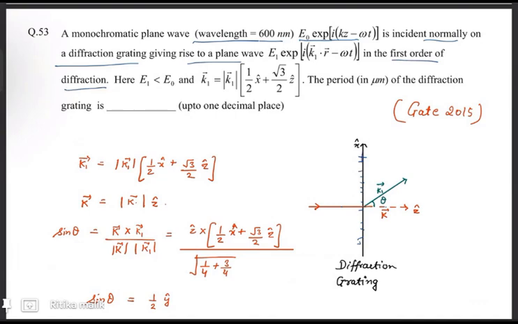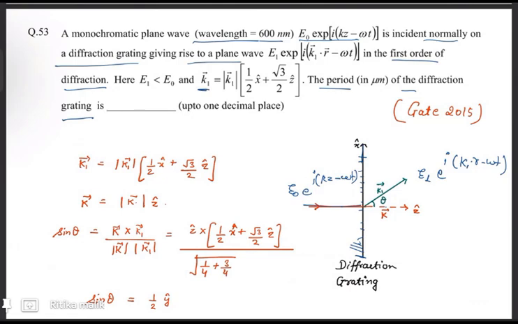So if this is our diffraction grating, an incident plane wave, which is E0 e to the power i(kz minus omega t), is diffracted into the expression E1 e to the power i(k1 dot r minus omega t). Now, the period of the diffraction grating is... We have to calculate what is the period of the diffraction grating.